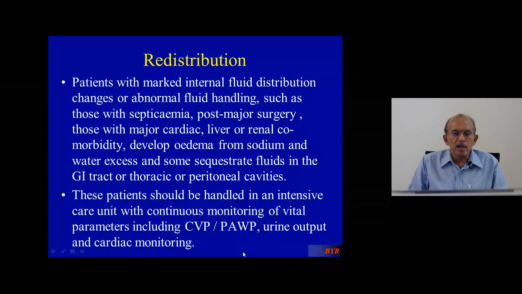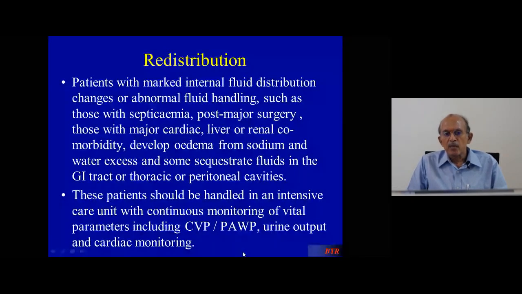These patients should be handled in an intensive care unit. That means when you are giving IV fluid therapy for a patient with cardiac, liver, or renal diseases, the patient's response will be totally different because they get overhydrated very soon, but the parameters are not corrected.